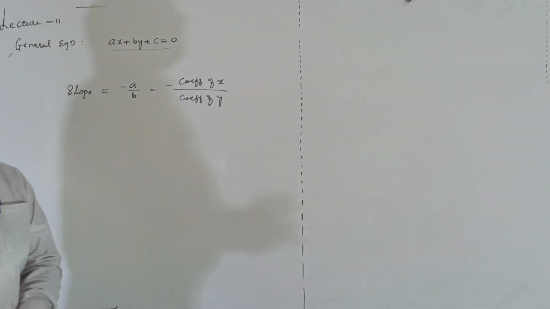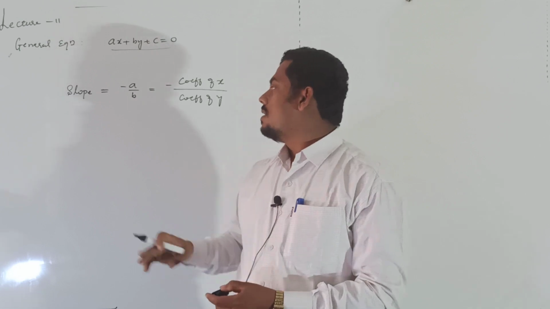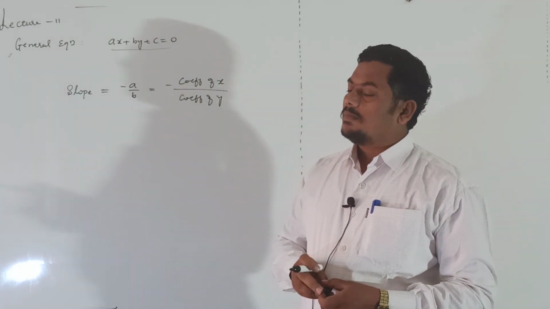Slope of the line ax plus by plus c equal to 0 is minus a by b.